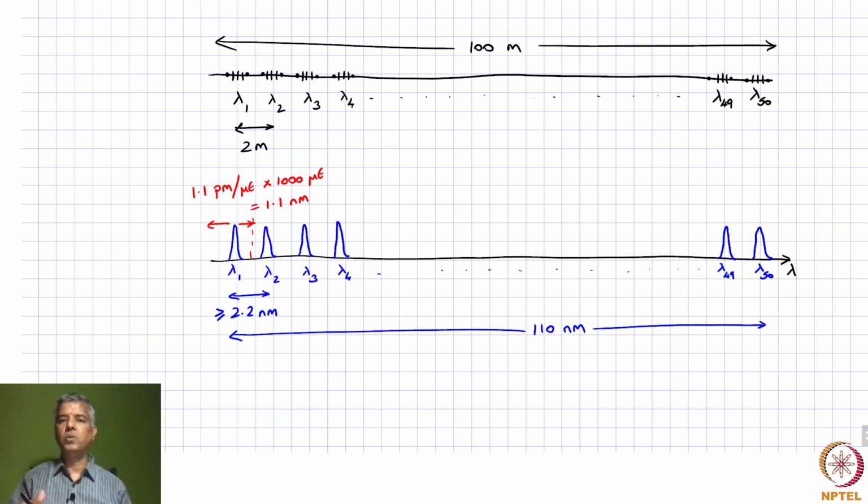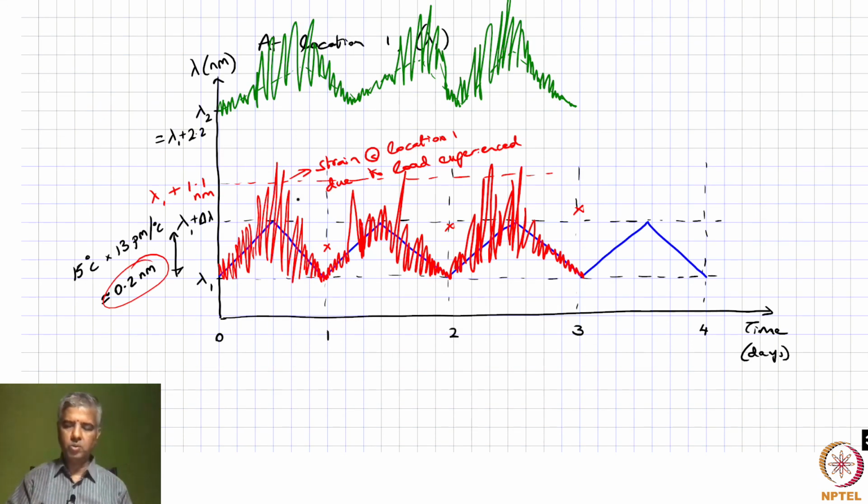Then you go into what should be the spacing in terms of the spectrum between the different gratings for a given requirement, and then you do some simulations as to what sort of load profiles you expect, and make sure that there is very little source of uncertainty in measuring these loads. That's basically what constitutes the design of the system.